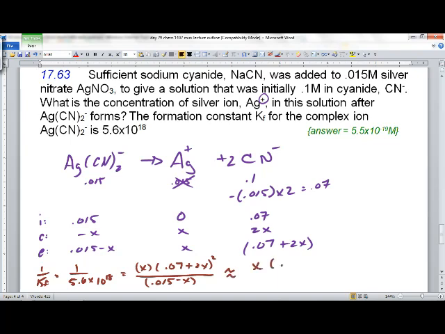Don't forget it. 0.07 squared over 0.015. Then you solve for your x. So you have to figure out what 1 over 5.6 times 10 to the 18th is. Do the diagonal thing. Take it times 0.015. Divide it by 0.07 squared. And hopefully, you have to take 1 and divide it by that.